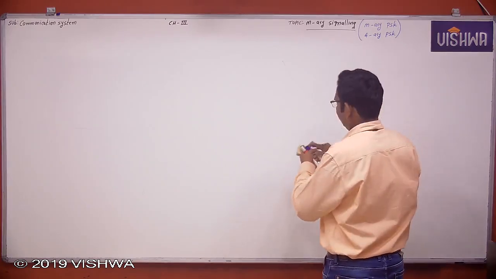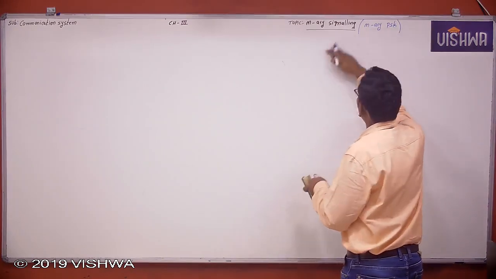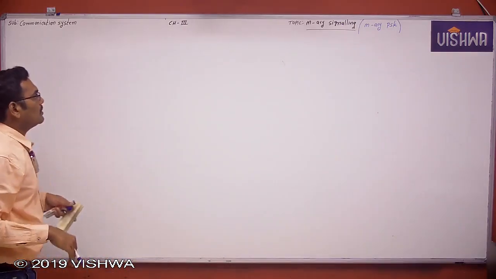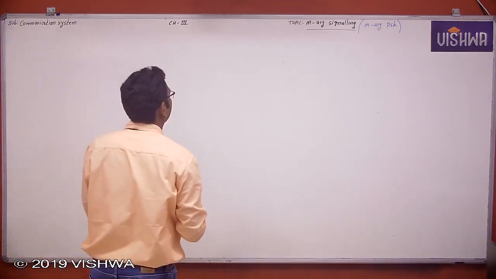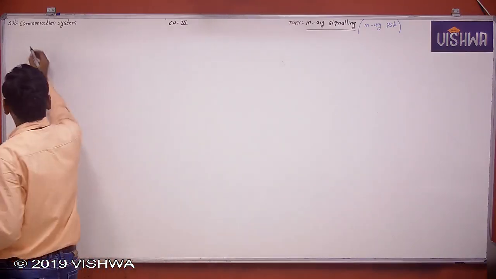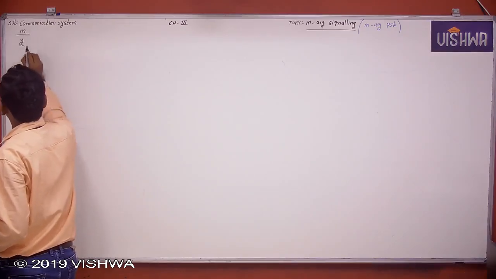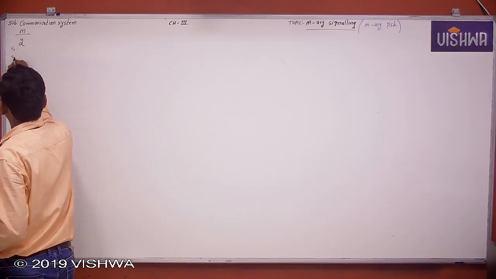Now we'll see M-ary PSK. Now I will give one table which is very useful for us. Let us take M equal to 2, which means two symbols, S1, S2.